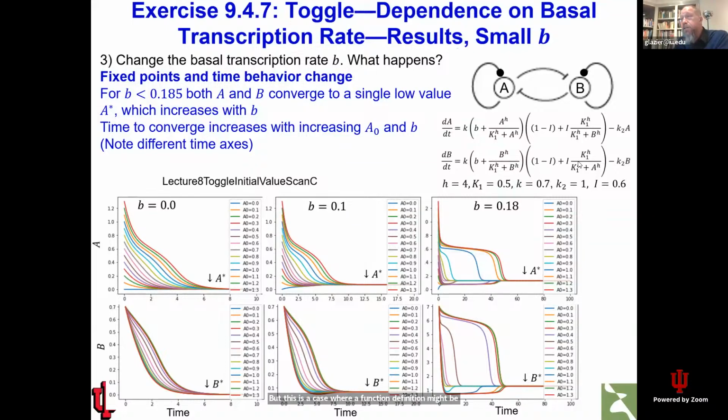If you define a Hill function h of a, k, and lowercase h, then you can type these equations much more rapidly. But this lecture 8 toggle initial value scan, I put in the demos folder for lecture 9. So if you want to run this.